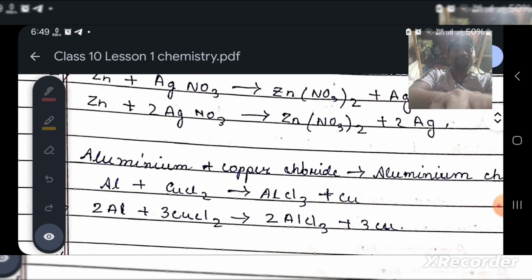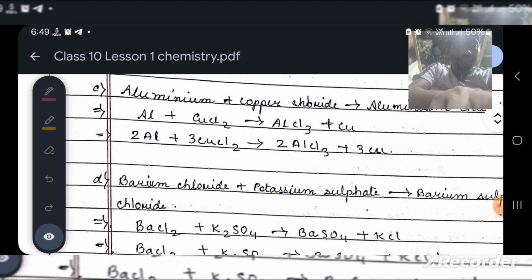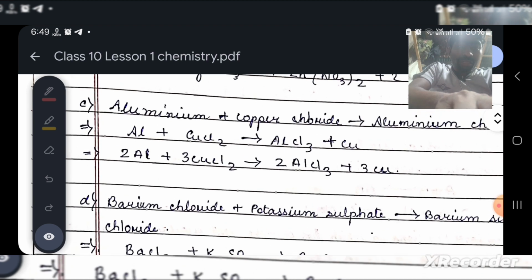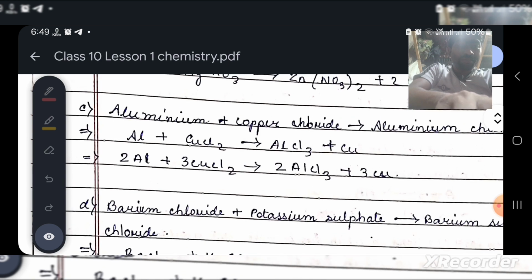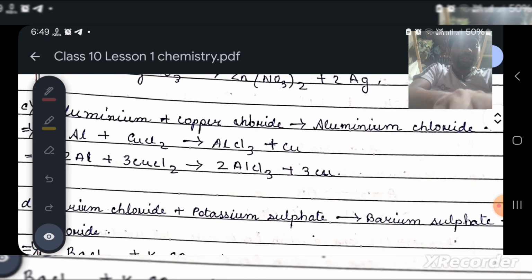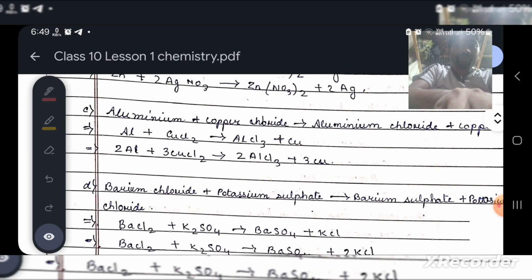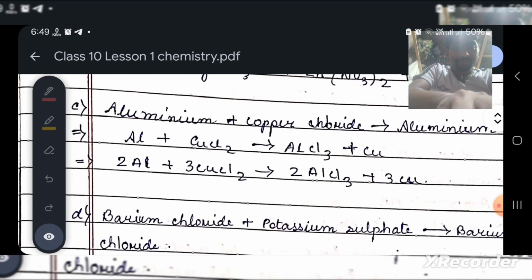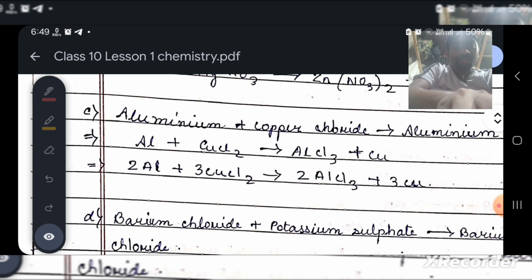So same as before, we'll cross multiply. In the reactant side the copper chloride will be multiplied by 3, and in the product side the aluminum chloride will be multiplied by 2. Now we balance the copper and chloride. Okay, you can look how I have done this.